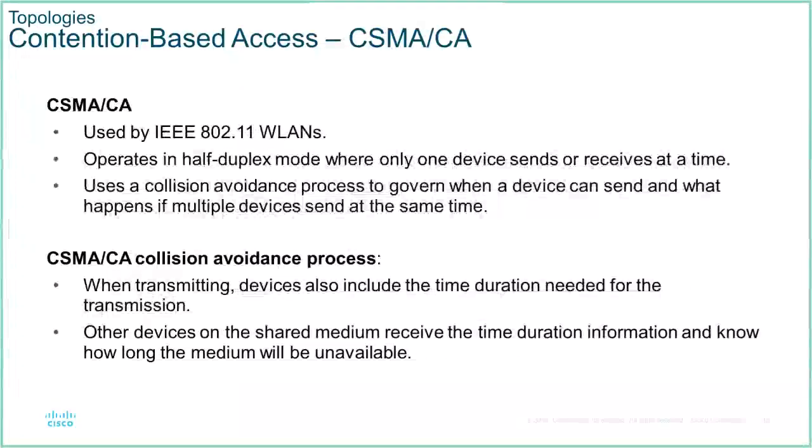With wireless, we can't do that collision detection because our devices could be at maximum range either side of the access point, so they can't actually hear each other to detect whether they're going to collide. When we're in a wired network, we've got 100 meters of cable. It can be measured and listened to quite easily.